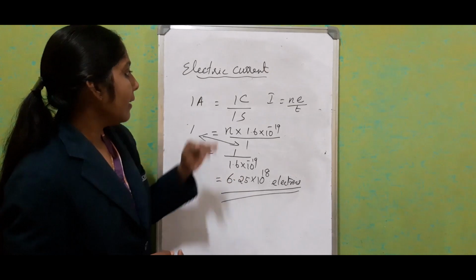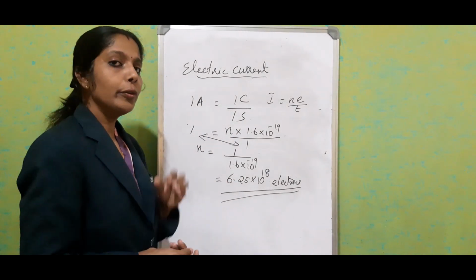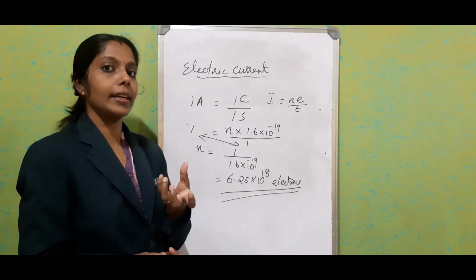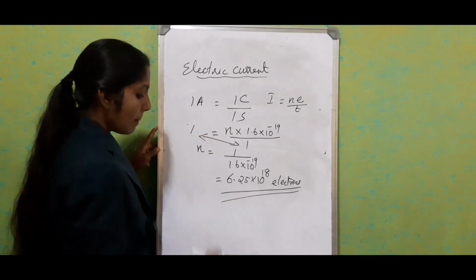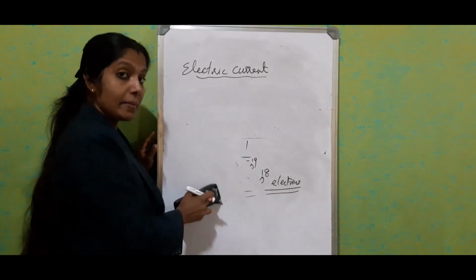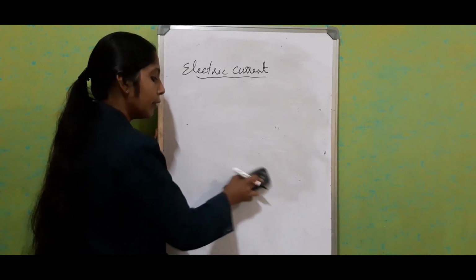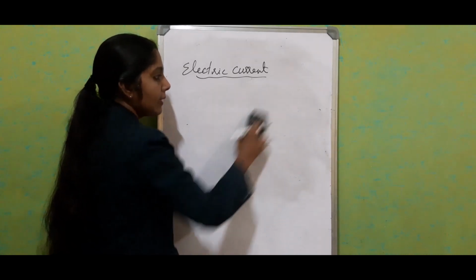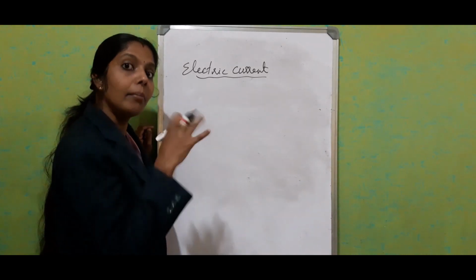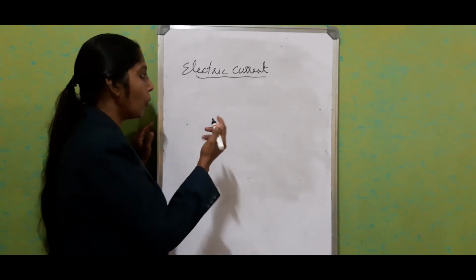Normally we represent current with amperes, and for small currents we use milliampere. Sometimes in experiments, though normally we want big currents, most of the time we need minute currents, less than an ampere.